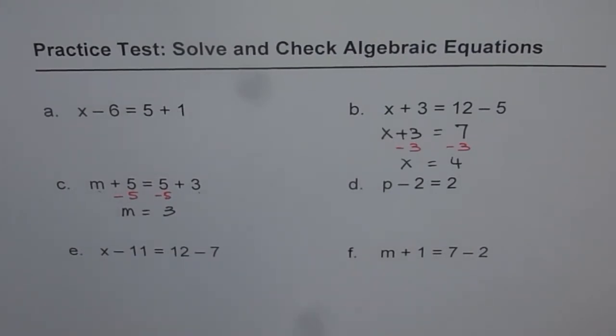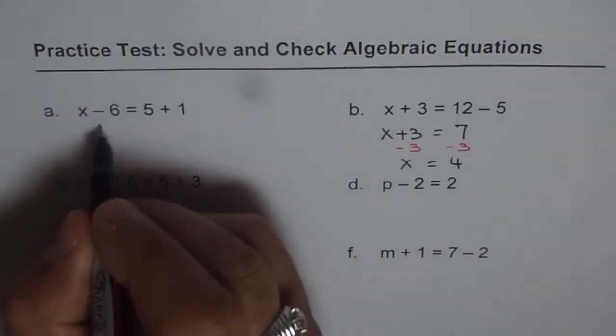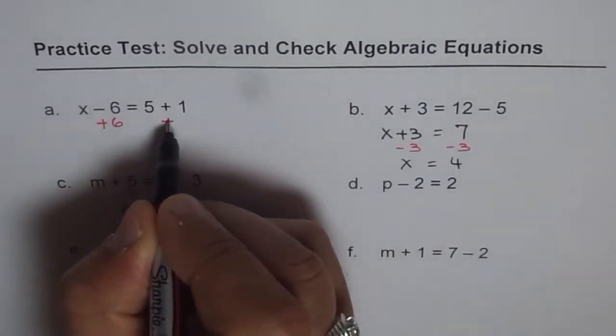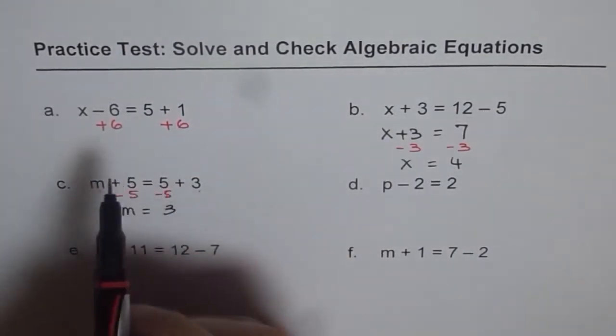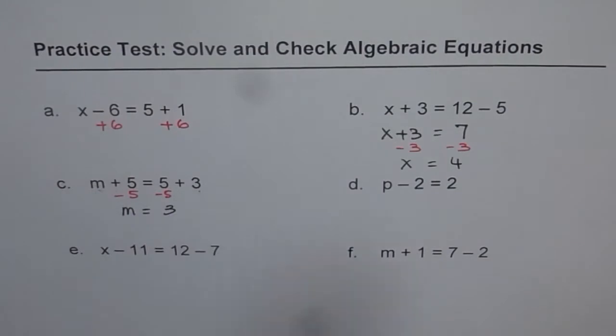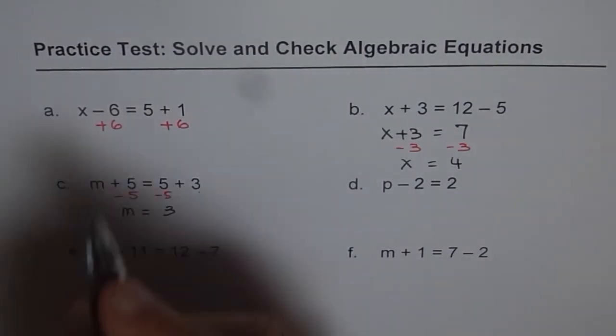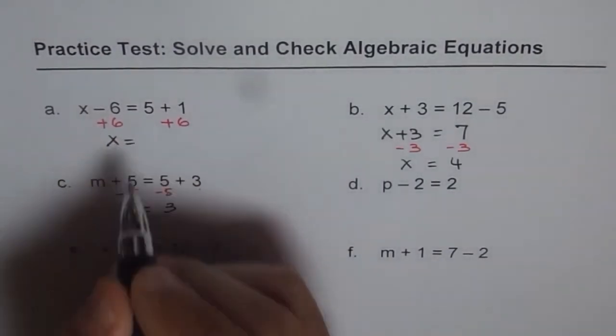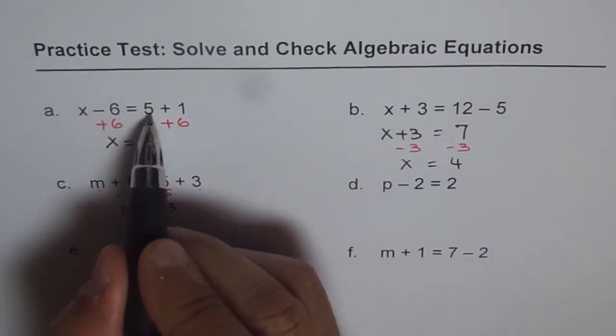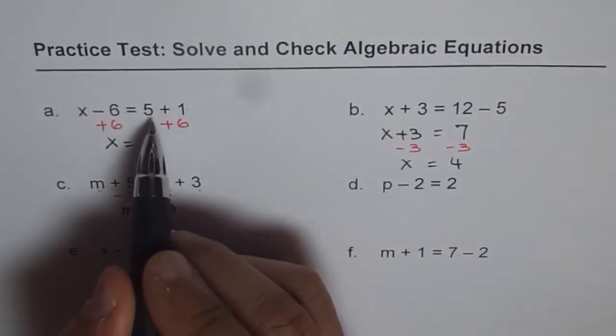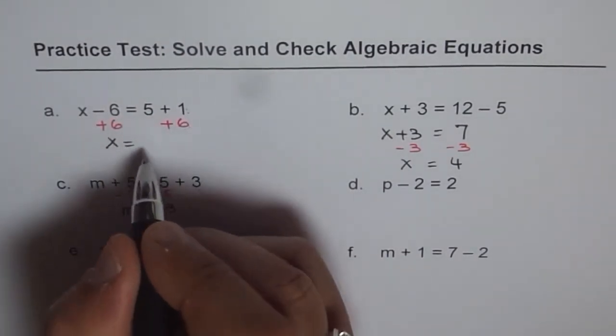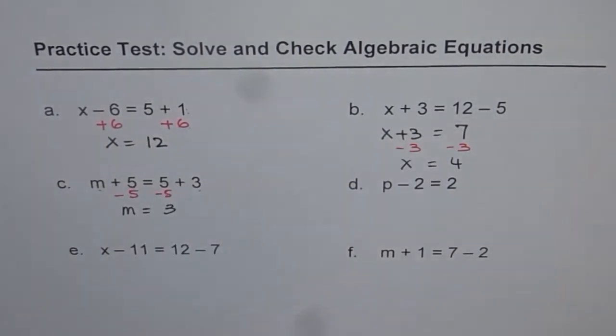So what we will do here is add 6 both sides. Why are we adding? Since we want to get rid of minus 6. So when I add 6, I get x on the left side, and on the right side I get 5 plus 1 plus 6. Now 5 plus 1 is 6, 6 plus 6 is 12. 12 is my answer.